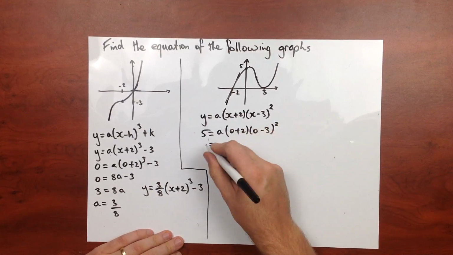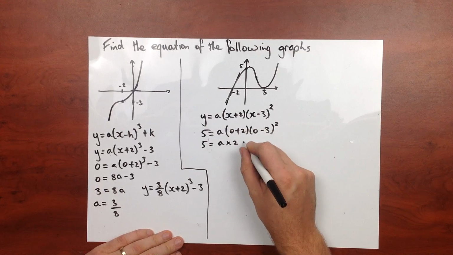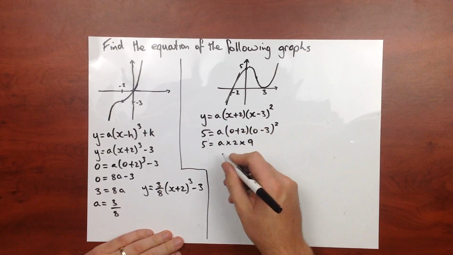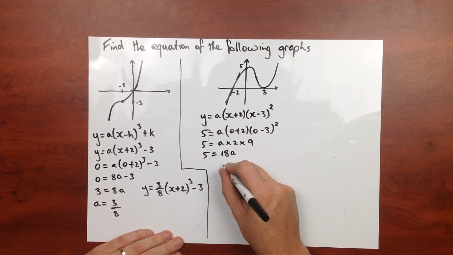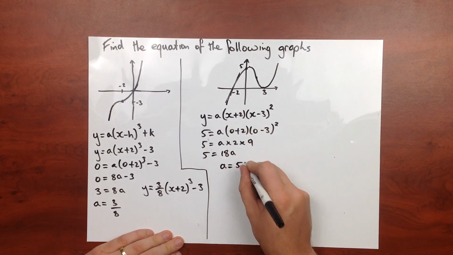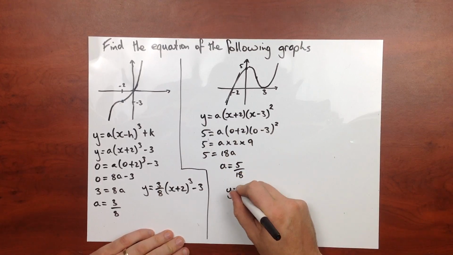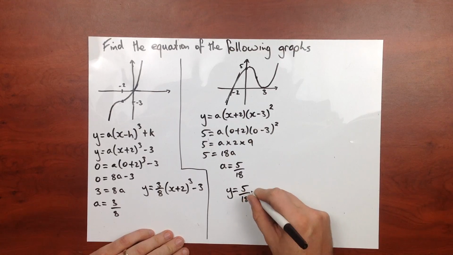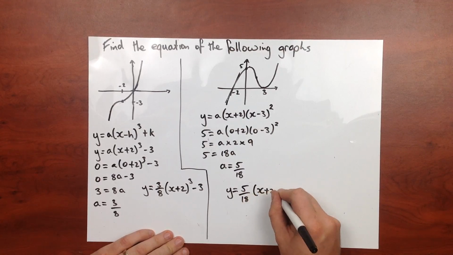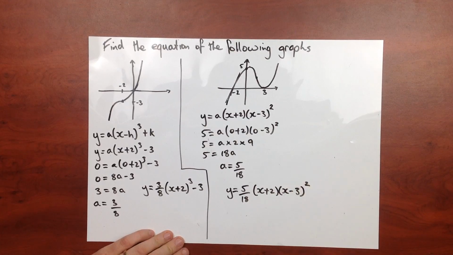We can say here that we've got 5 equals a times 2 times by 9. 5 equals 18a. So a equals 5 on 18. Again, we're not done because we actually need to write it out properly. So y equals 5 on 18 outside of (x plus 2) and (x take 3) squared.